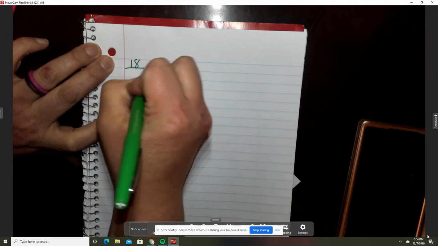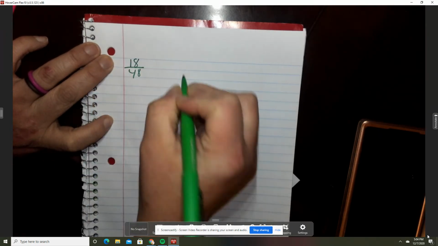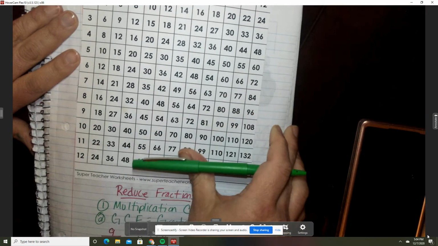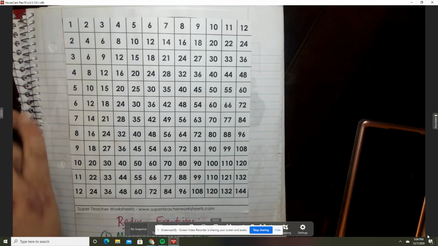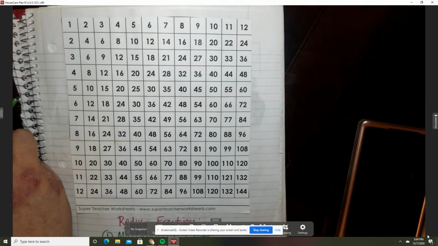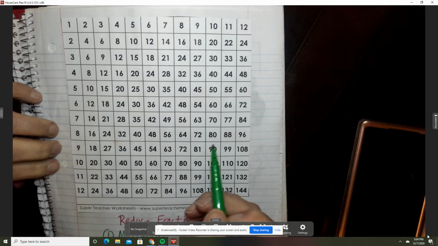All right. So let's go back to using our multiplication chart. Okay. So I'm going to pull my multiplication chart back out. I've got 18 and 48. So I need to find 18 where it's over 48. See if we can find an 18 over 48. Let's see.